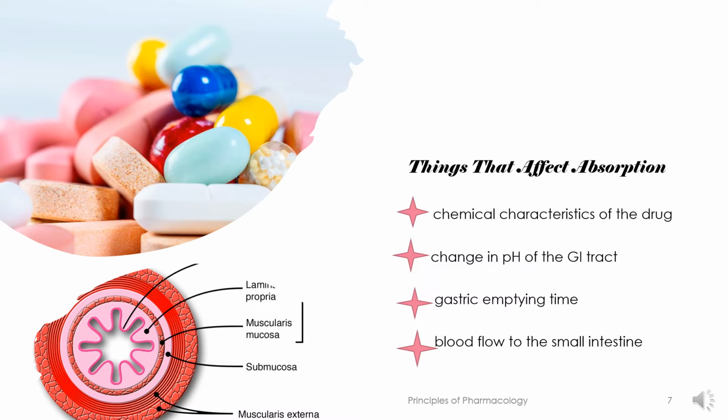Drugs that are lipid soluble are absorbed more rapidly. Changes in pH of the GI tract affect absorption time. Gastric emptying time, presence of food in the GI tract, all of these can affect how the drug is absorbed, as well as blood flow to the small intestine.